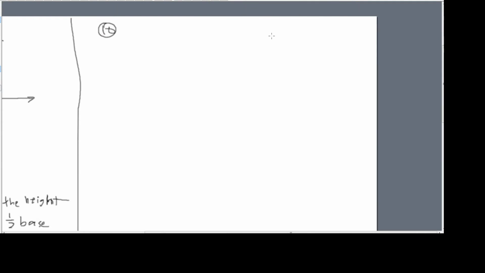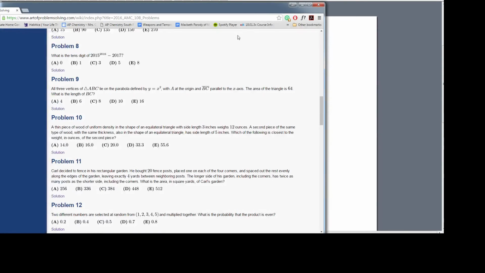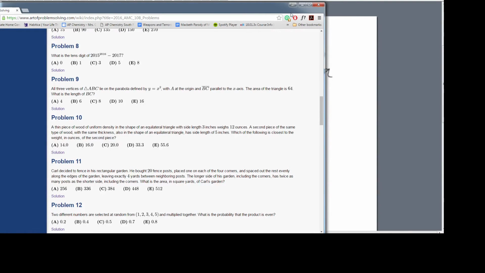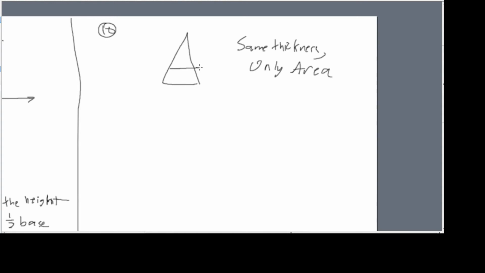And actually there are multiple ways, but the easiest way would be using similar triangles. And especially since they say it's the same thickness, only the area matters. And I'll show you a better way if you really want to make sure that you have the answer correct. So we have 3, 5.